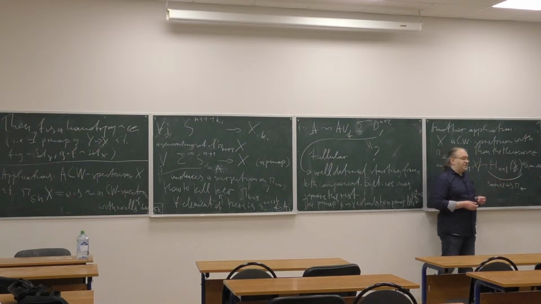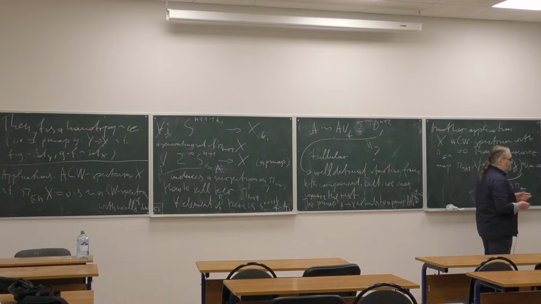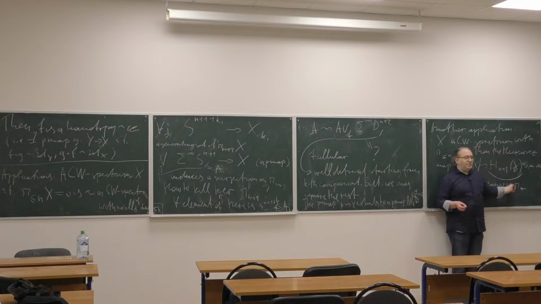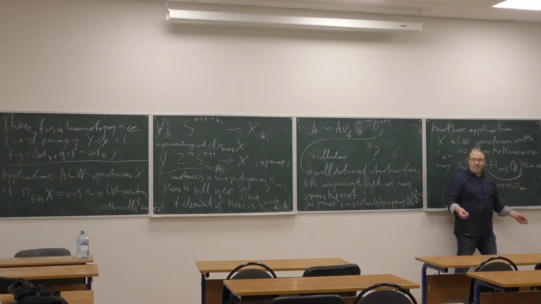Well, the homology is defined using the same direct limit as the homotopy. Would you like me to write this limit again? If you do, please let me know. Otherwise, we'll just go on.